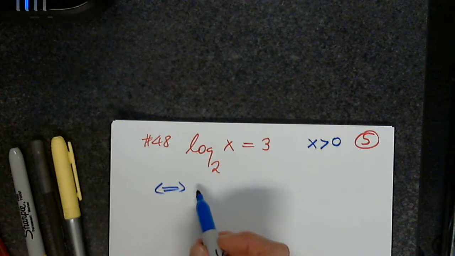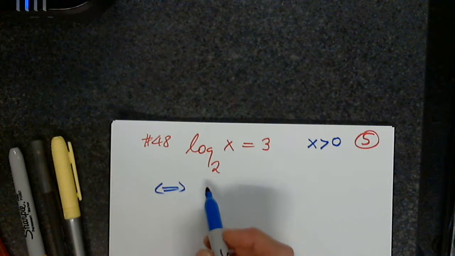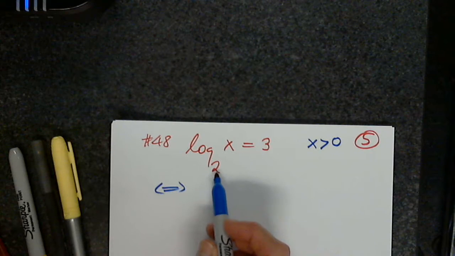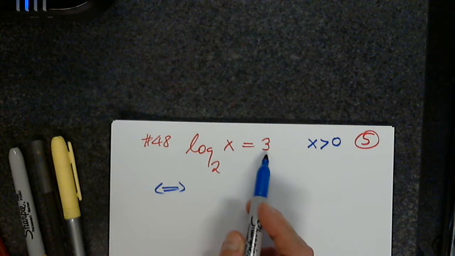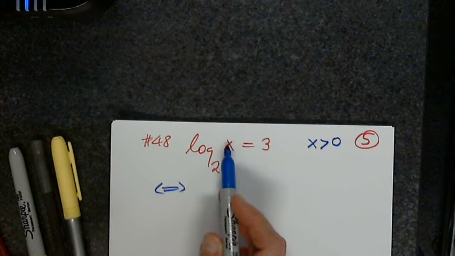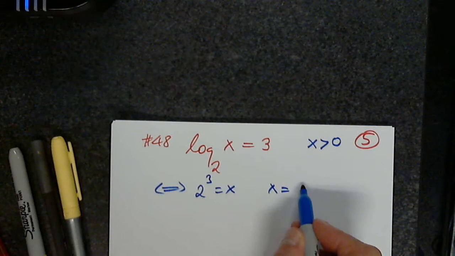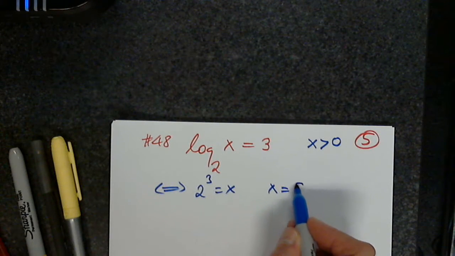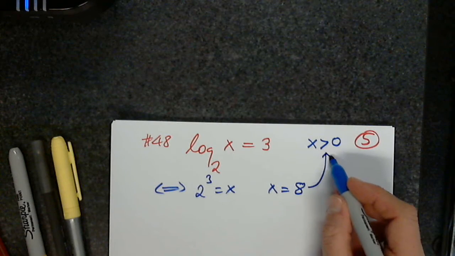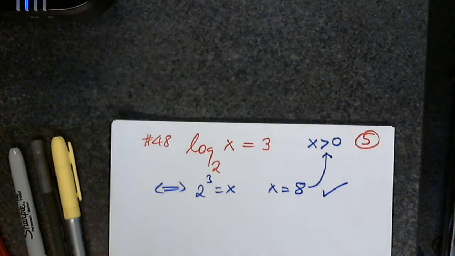So what do I have to write? 2 to the third equals x. Good. So x equals 8. Is it positive? Yes. Acceptable.